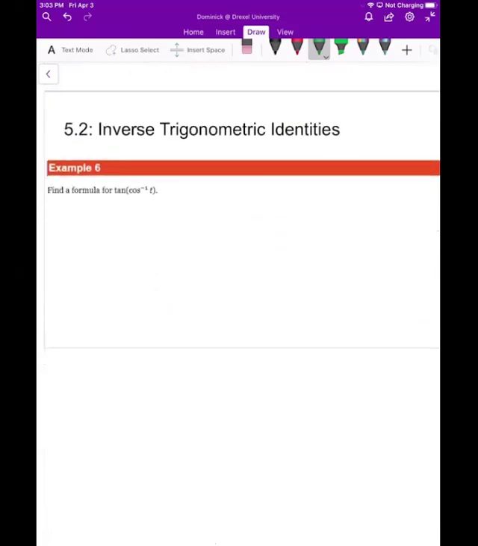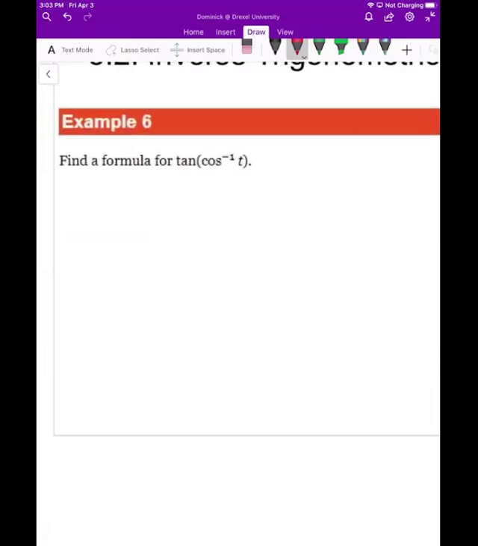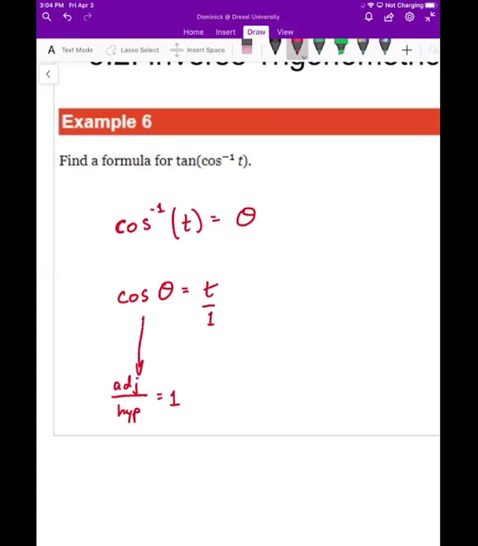Okay. Now let's look at something where we could potentially find a formula for tangent of inverse cosine of t. We're going to essentially handle this the same way. So let's think about, if I want the inverse cosine of t, I want an angle whose cosine is t. And if I think of t as t over 1, then I know that adjacent over hypotenuse is t over 1, because that's what cosine is.